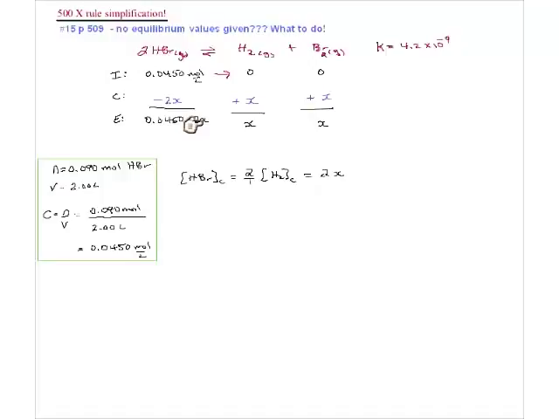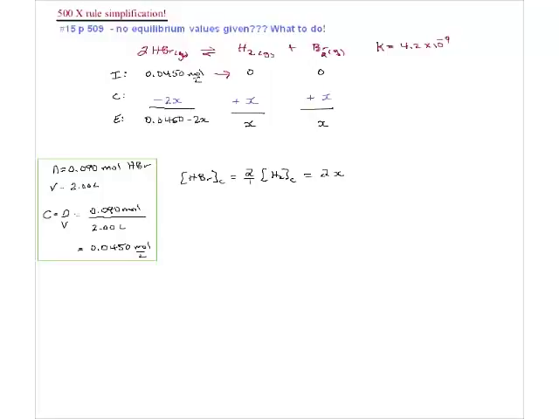Is this drop, is X going to be big enough to be significant compared to the 0.045? So this is our millionaire right here. Is this loss only going to be 25 cents? Or is this loss going to be another $1 million? Is it significant? And the way we determine if this is significant, we look at the initial concentration and we divide it by our K value that's given.